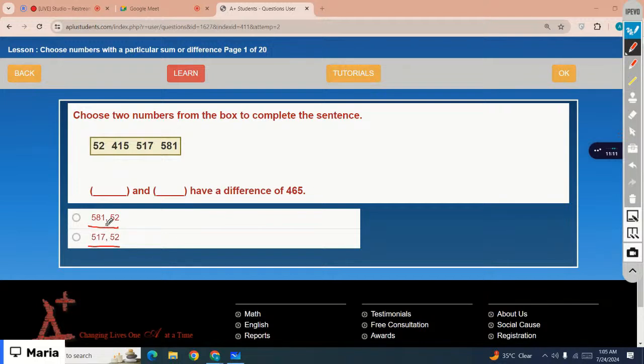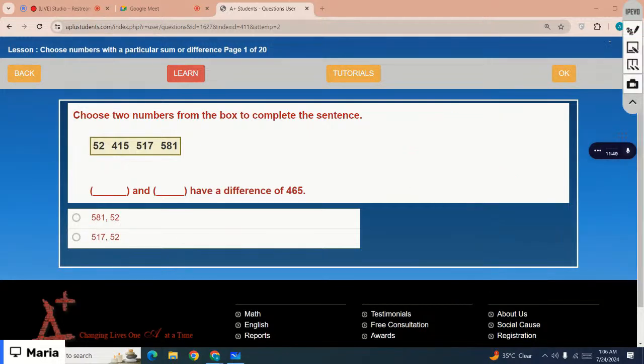Let's look at the first one, 581 minus 52. 11 minus 2 is 9. 7 minus 5 is 2. That is 529, so this isn't the correct option. That means the correct one is the second one. You can subtract and check. 11 minus 2 is 9... 7 minus 2 is 5. 11 minus 5 is 6 and 4. That is 465. Option number 2 is the correct option. Very good.